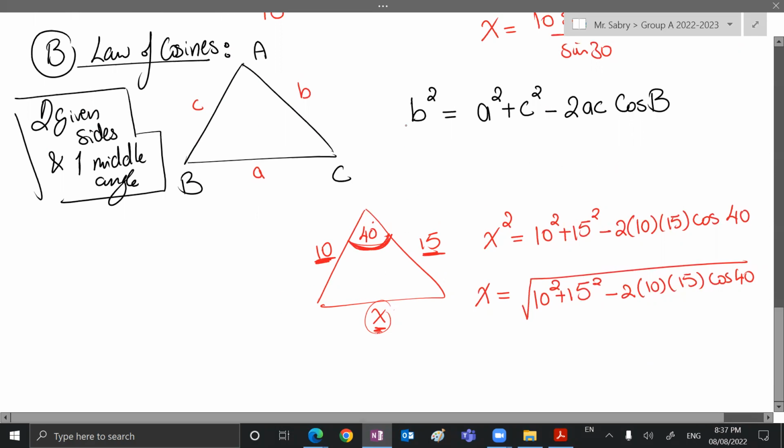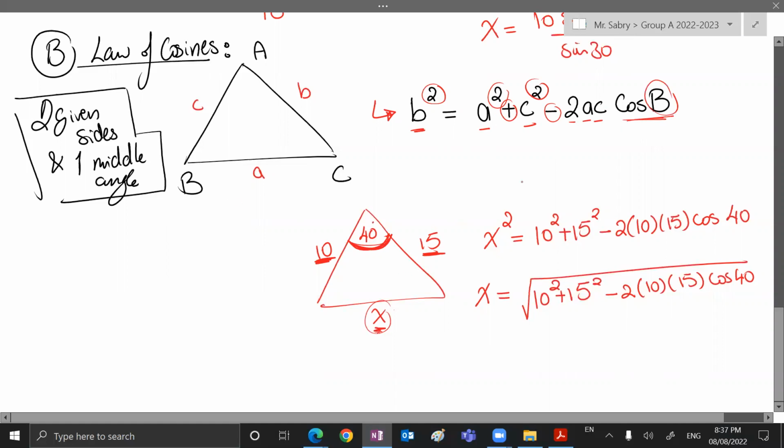What does the cosine law say? It says this. If you take any side whatsoever and you put it to the power of 2, it's supposed to be equal to the two other sides squared added to each other minus 2 times both the same sides multiplied by cosine the angle, the middle angle between them, which is b.